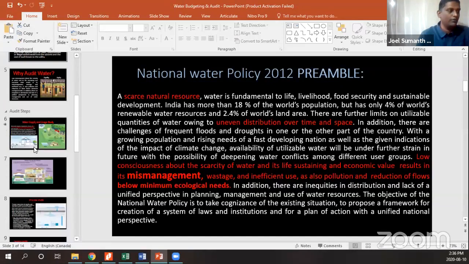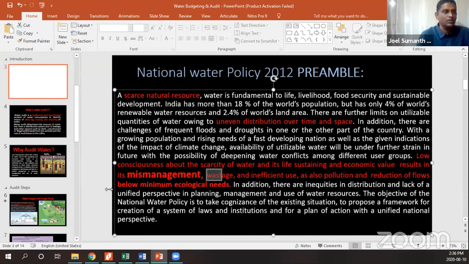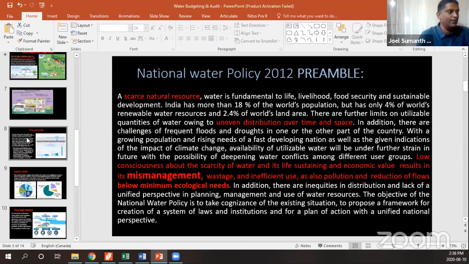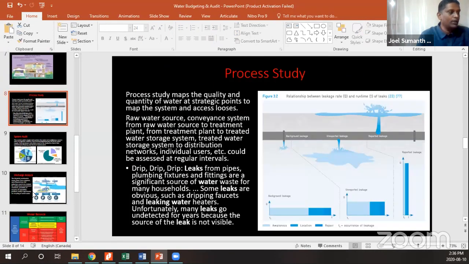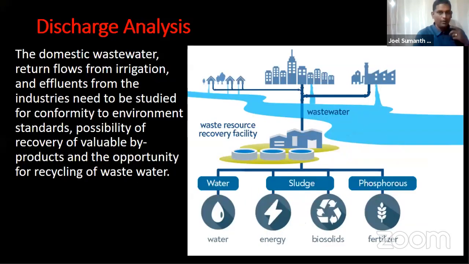So when we're talking about wastage, we definitely have to look into what is the discharge, how is water going outside the system?